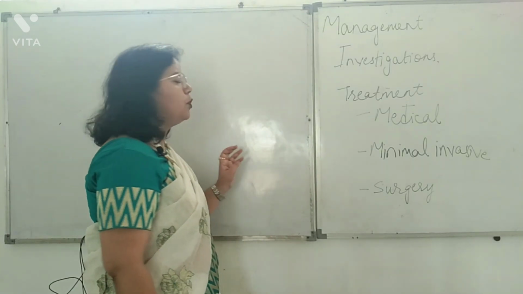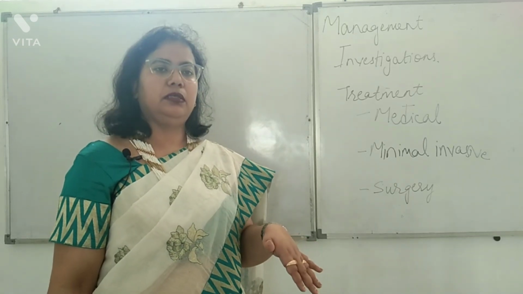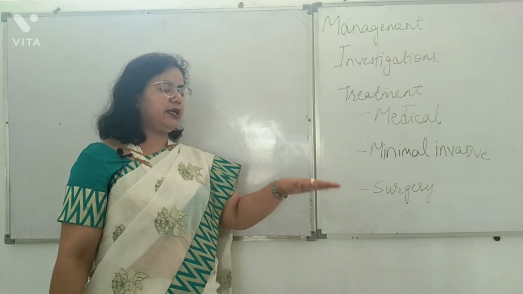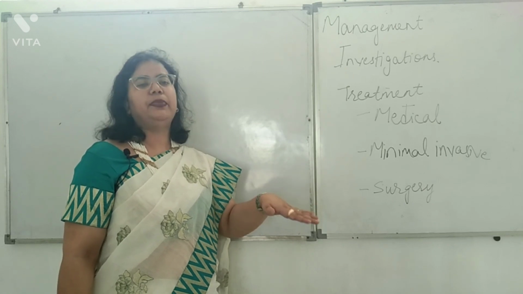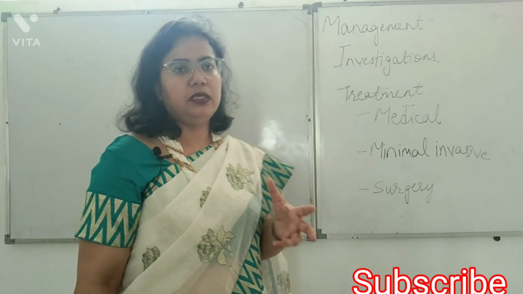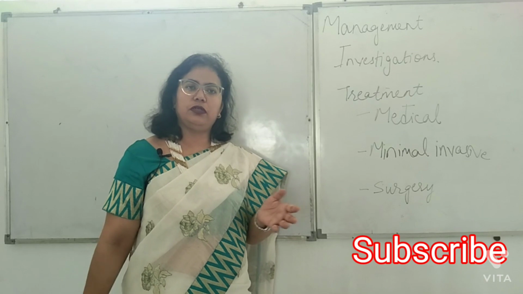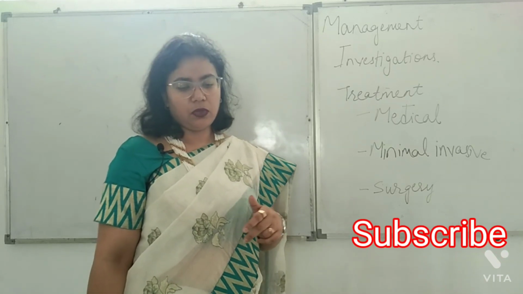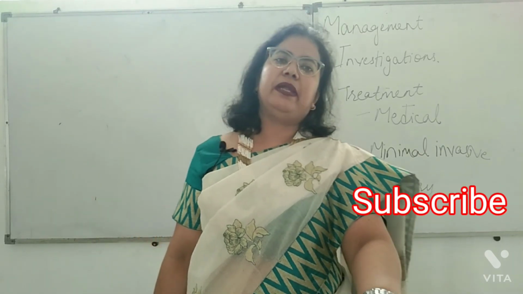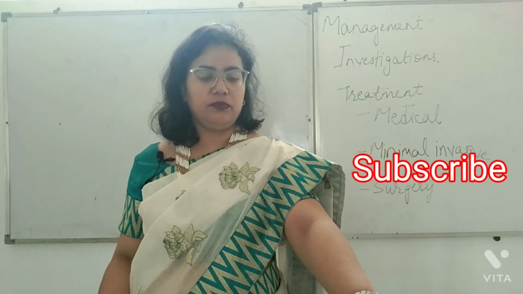Then if the fibroid is more than 12 weeks size, palpable abdominally, it is better to treat because of its mass effect. Women may feel heaviness in the abdomen and it becomes inconvenient for her to live a normal life. Also, a pedunculated subserosal fibroid is better removed because it may undergo torsion even though it is asymptomatic.